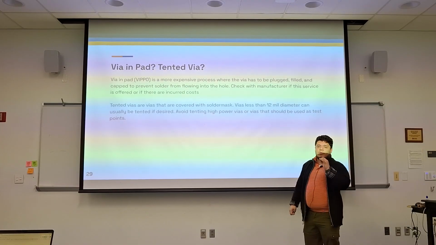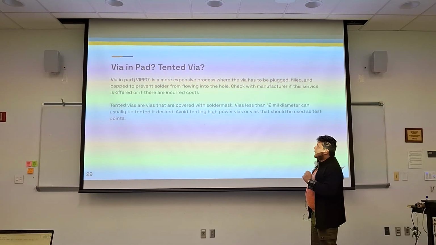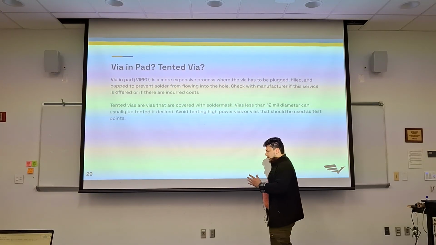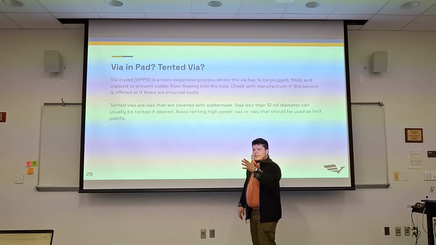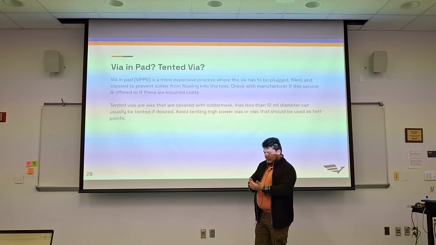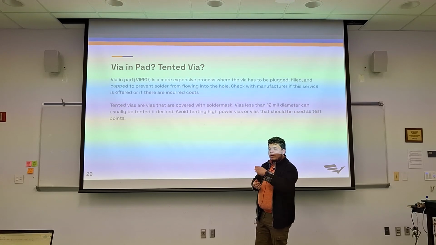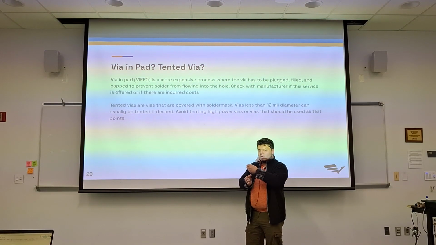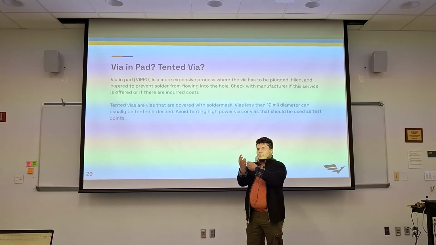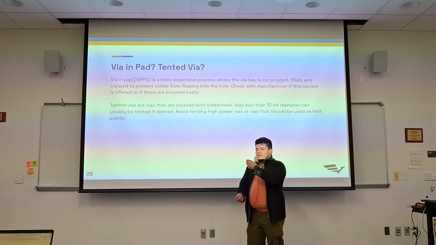Via and pad is going to be the most expensive via that you have. Via and pad, or VIPO, stands for via and pad plated over or plugged over. They're not going to do this automatically. You have to request this from the manufacturer. If you have a via and pad, you have to cap that and plug the hole so that your solder doesn't flow through the hole, right? Because that removes solder from the joint, and that's not good.